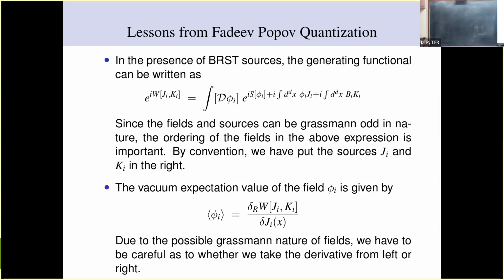The main thing we are after is the vacuum expectation value of phi I in the presence of both J_i and K_i, which is given by the same expression.